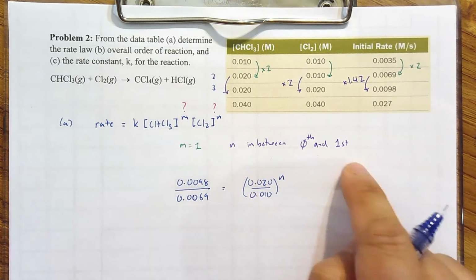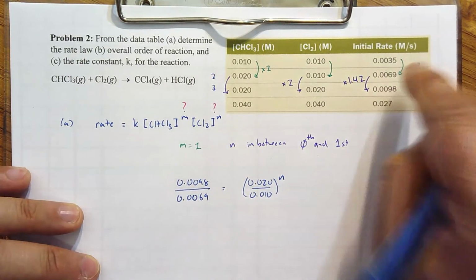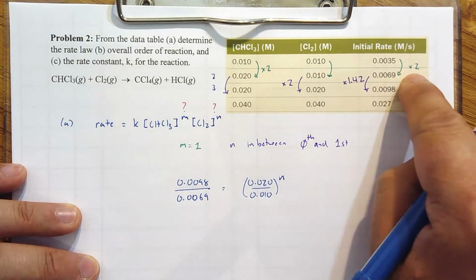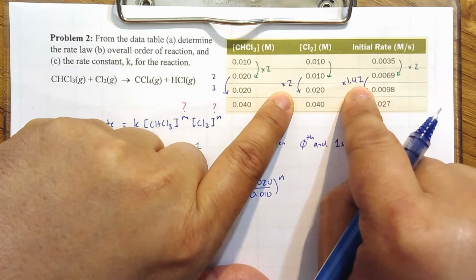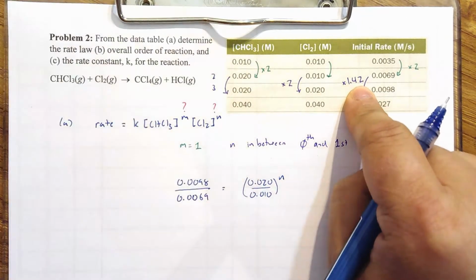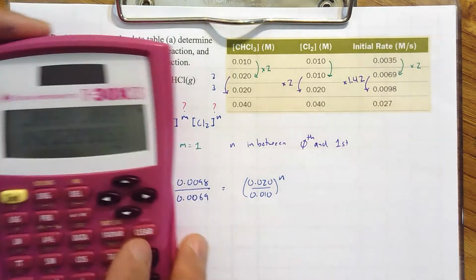N is the one that is not an integer for sure. Am I doing this right? Since this doubled while this doubled, that's first order. This did not double, it's below doubling, so it's less than first order. Okay. Alright, just have to do the math.